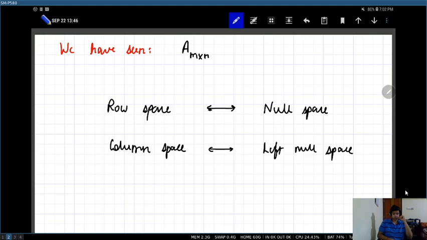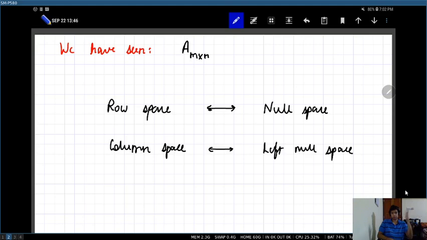we've seen that for any m by n matrix A, the row space is orthogonal to the null space, and in fact the null space is the orthogonal complement of the row space, right?